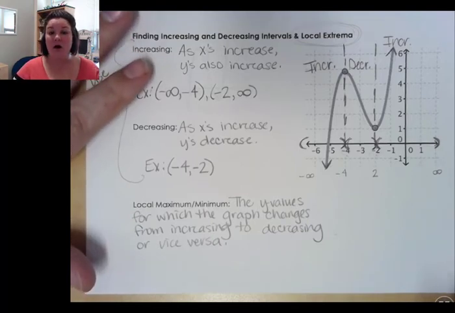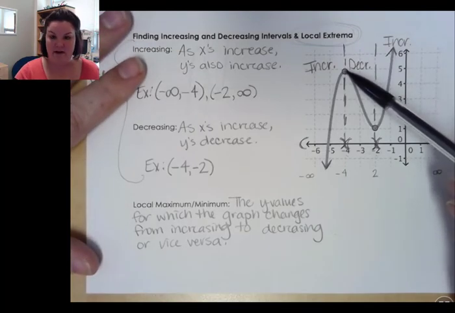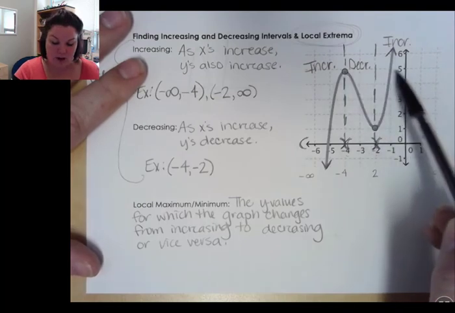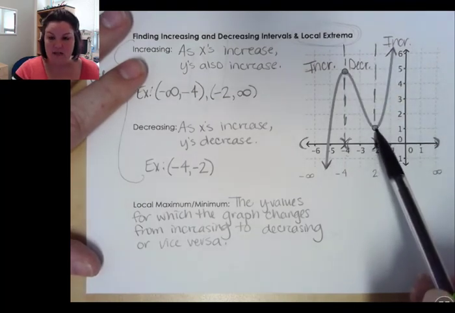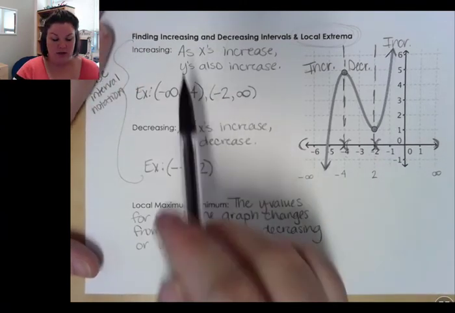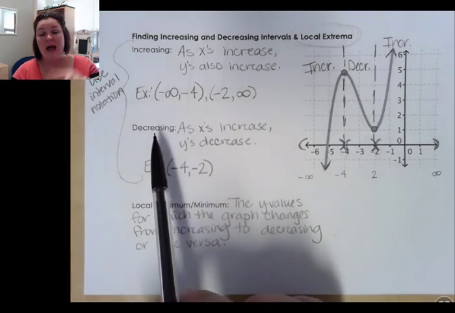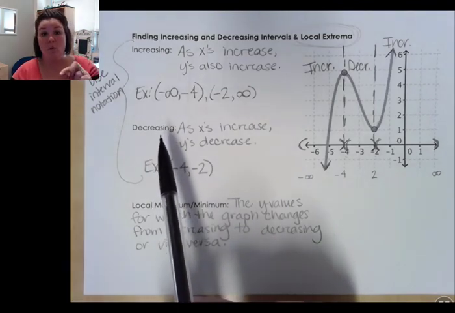So when we talk about our local extreme, our local max, or our local min, we're talking about the y values. What is that maximum y value at that point? What is that low y value at that point? Okay, so increasing, decreasing is in terms of the x. Maximum, minimum is in terms of the y.